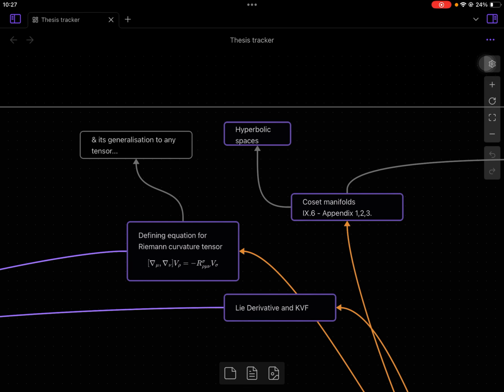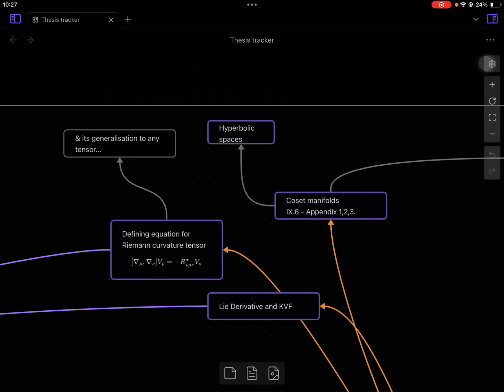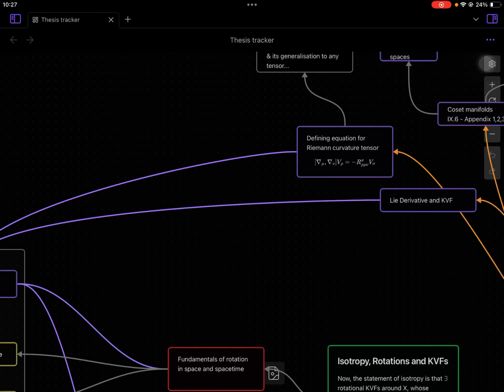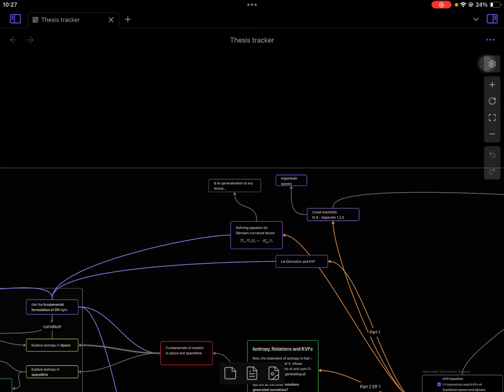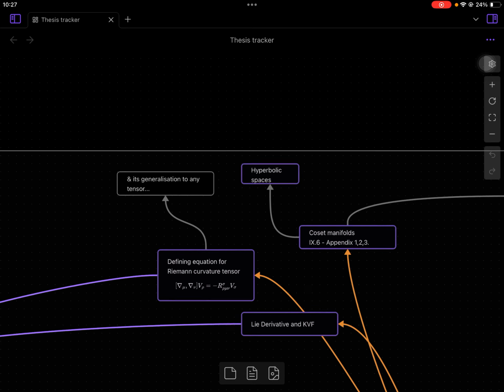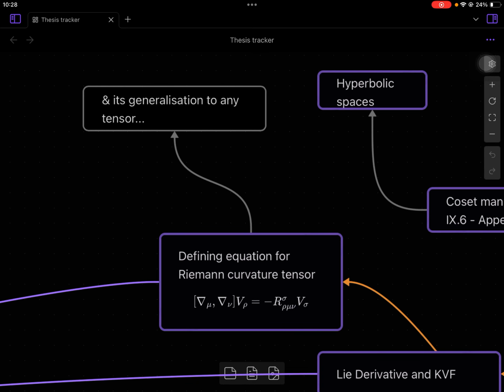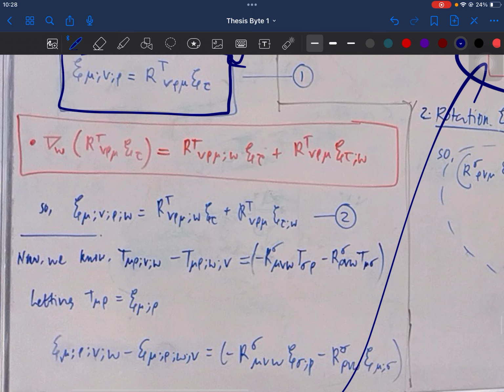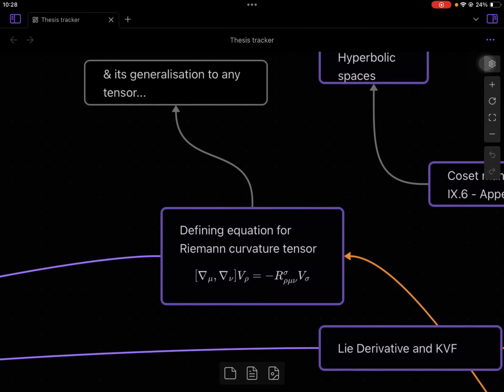And of course, there are other things that came up in between, like the defining equation for the Riemann curvature tensor, which I linked again to the fundamentals, and the Lie derivative and the KVF connections, which I again linked to the purple link to fundamentals of GR. And this generalization to tensors, which we used in this part.